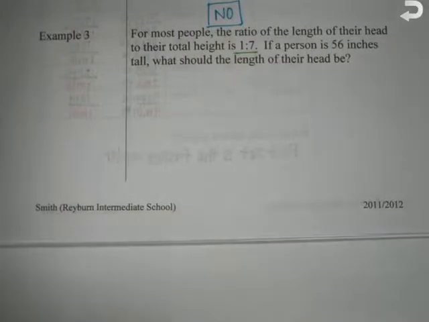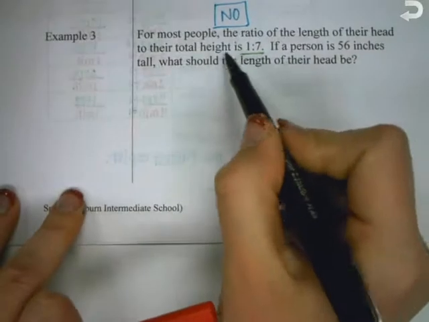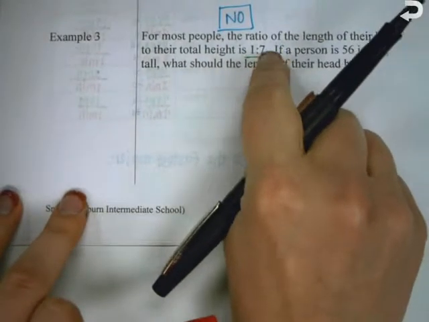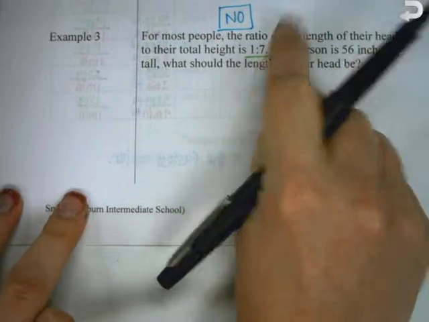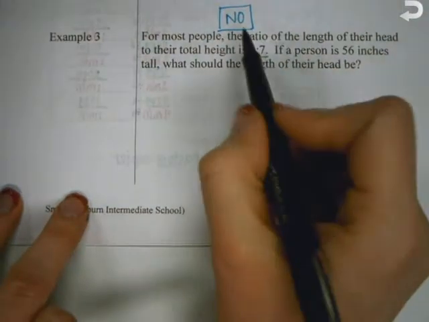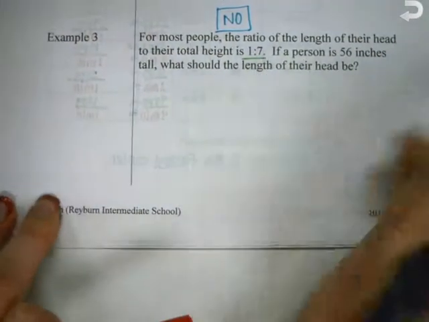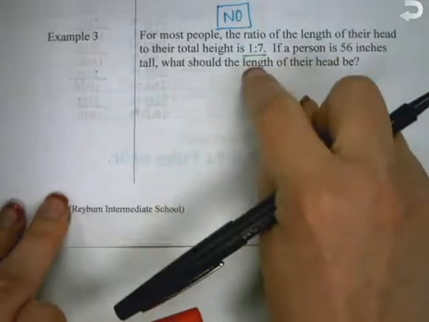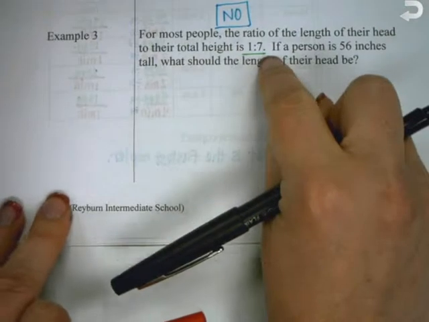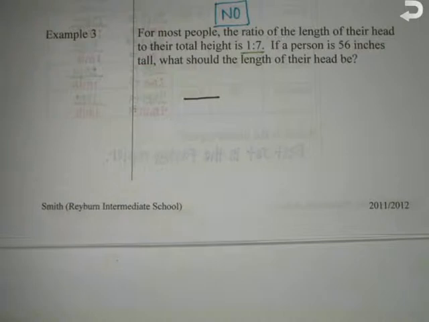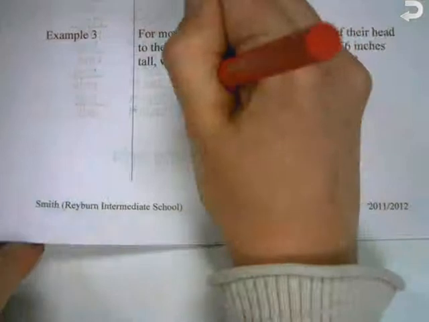Okay, we can also write fractions with colons like this, but we can rewrite it as a fraction. The first number is going to go on top, and the second number is going to go on bottom. So the first thing that I want to do is let's rewrite 1 to 7 as a fraction. Okay, so we're going to put our fraction bar. 1 goes on top, and 7 goes on bottom.